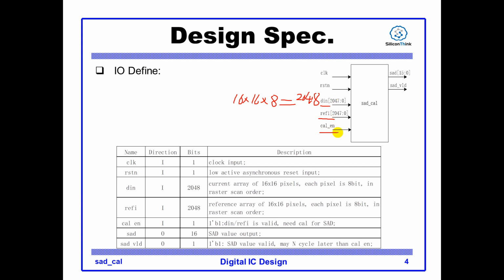Along with the input, there is an enable signal. This signal indicates whether the input is valid in this cycle or not, and you will have the output SAD signal and a valid signal along with it.